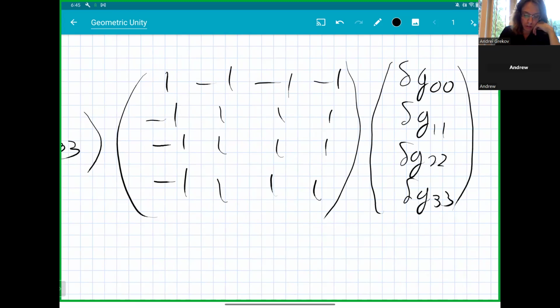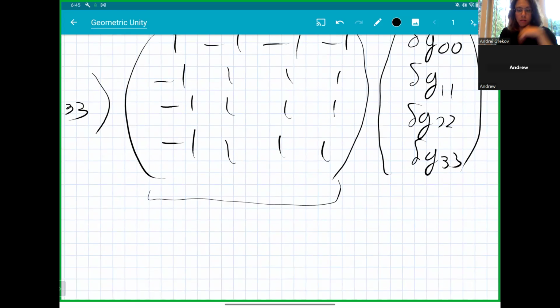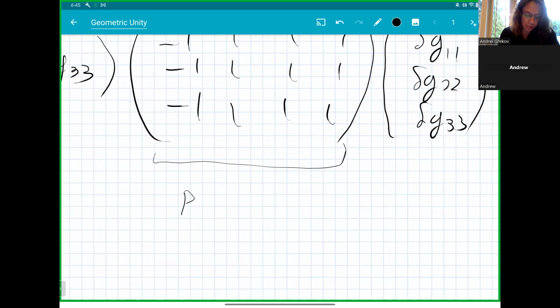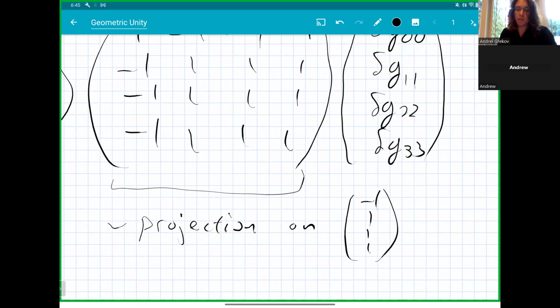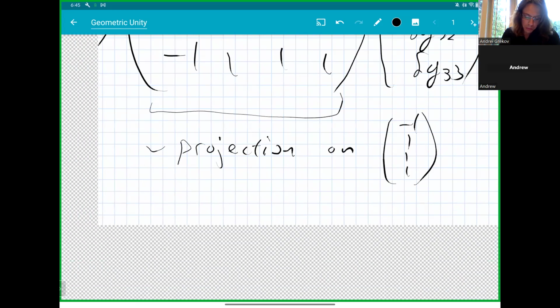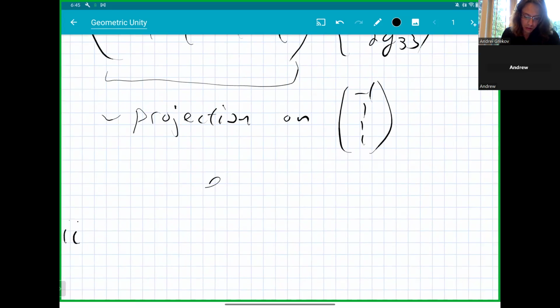Okay, but this matrix, yeah, it's not diagonal, it's clearly proportional to the projection operator on the vector minus 1, 1, 1, 1, right, in this subspace of diagonal tensors. So it's easy to find its eigenvectors and eigenvalues.